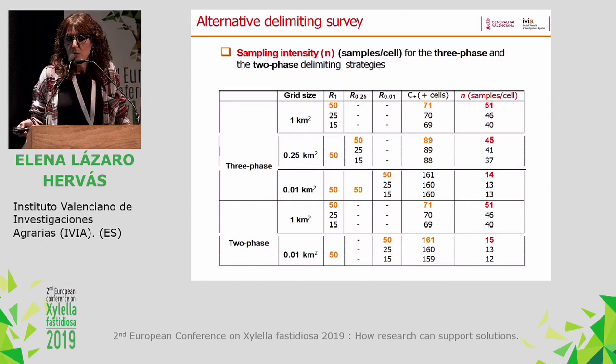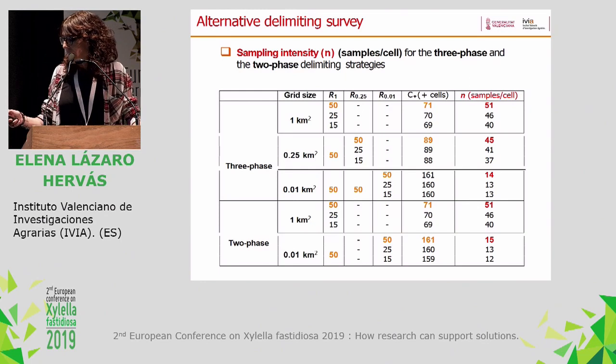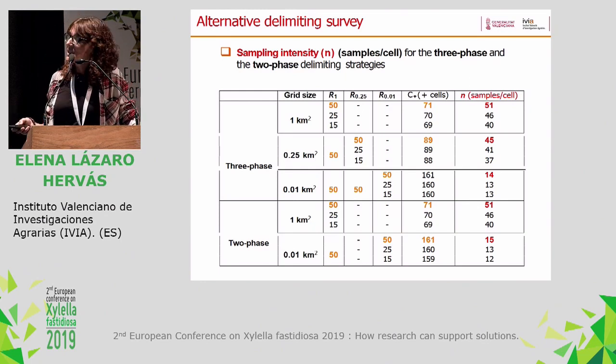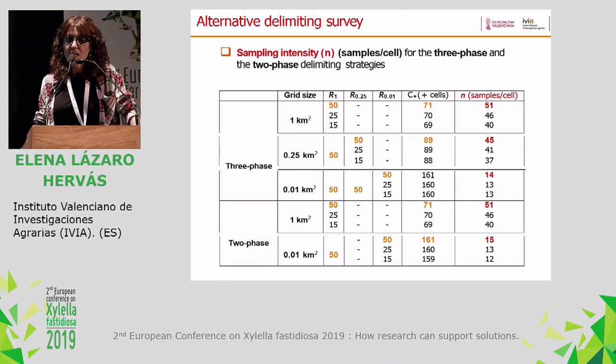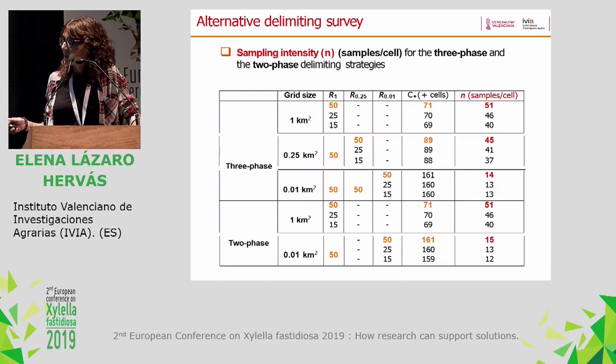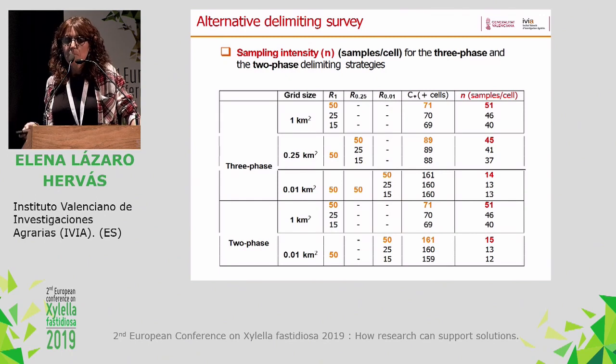In relation to the 2-phase strategy, the optimum sampling intensity estimated for the 1 kilometer grid size coincides with the 3-phase output, and the sampling intensity estimated for the 0.01 square kilometers is around 15 samples per cell.